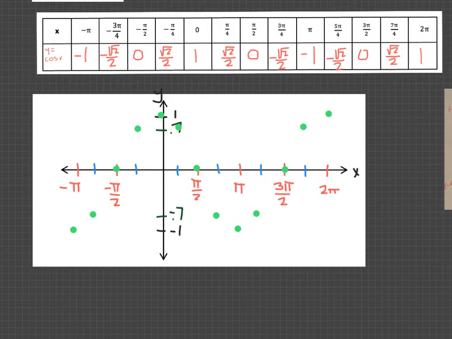Now connecting those points in a smooth curve, we get what we call the cosine wave.